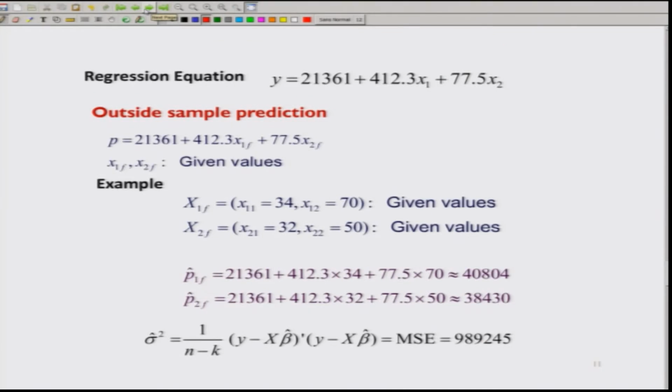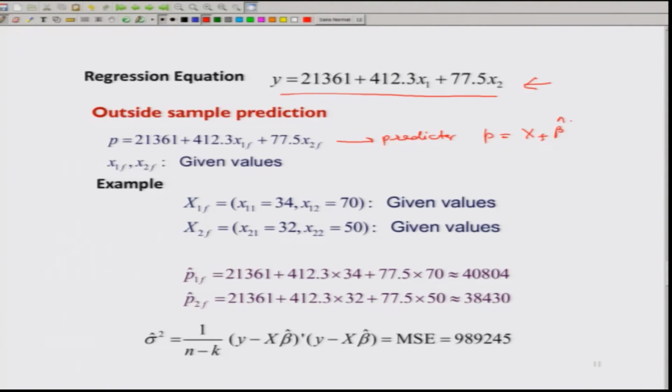Now next we consider the outside sample prediction. So, remember that this was our regression equation that we had obtained earlier, and our predictor was like this, P is equal to xf beta hat.